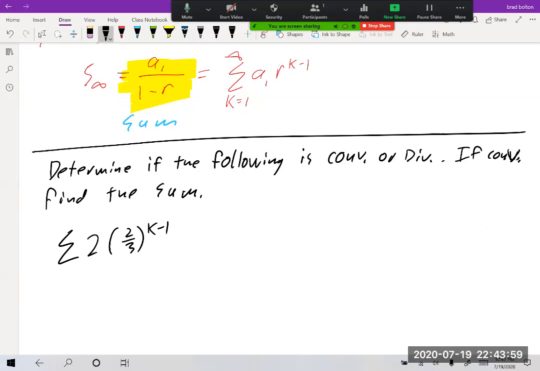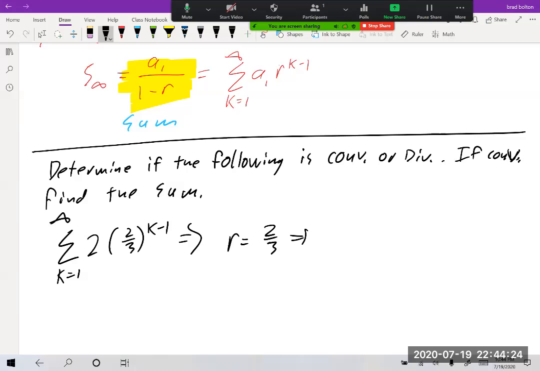1, okay? So you should instantly know if this is a geometric or not, and this is n equals 1 to infinity, or sorry, k. In my other book, we use n equals 1. This book uses k. So it's just a notation. So instantly, you should know that r equals 2/3.